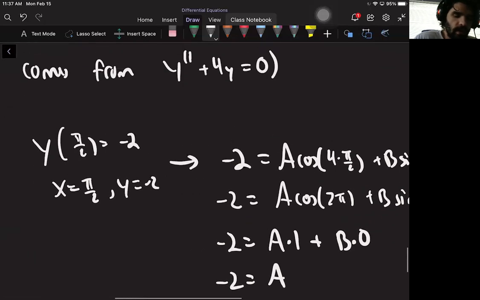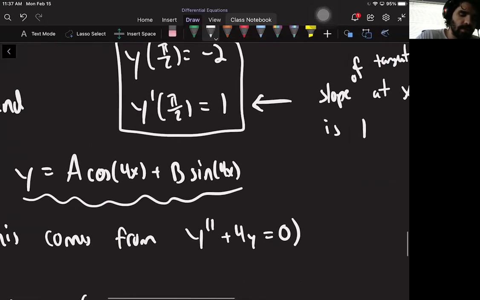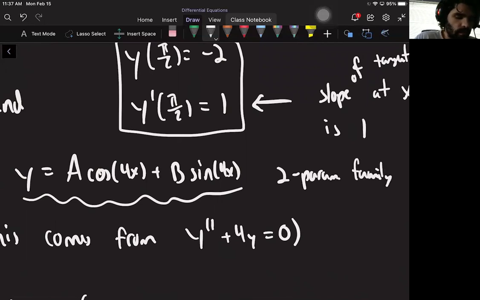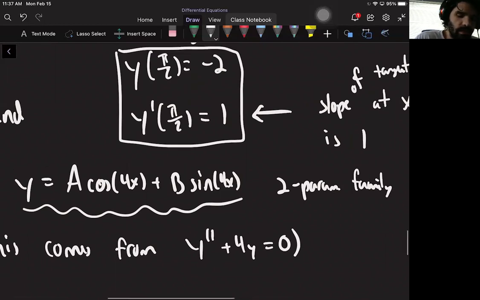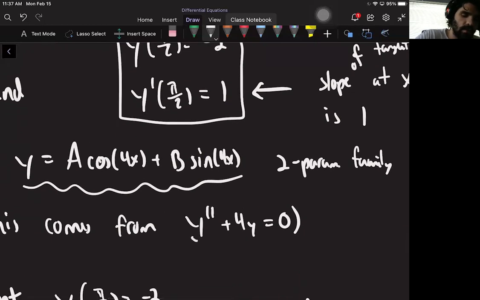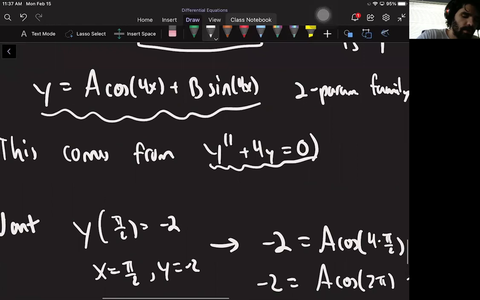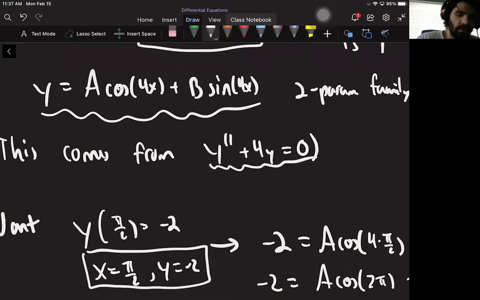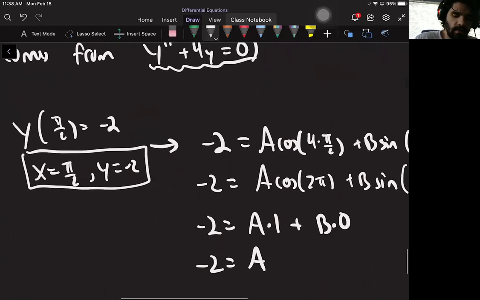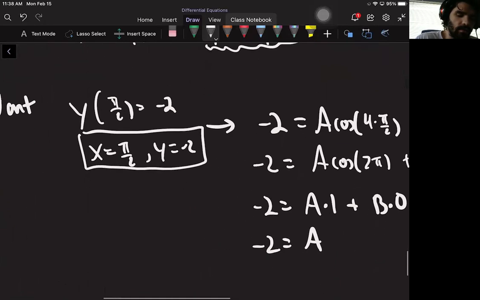So this is saying that if this is a 2-parameter family of solutions, that means that I can change a and b to whatever I want, and it'll still solve the differential equation. But if I really want my solution to go through (pi over 2, -2), then I have to change a to -2 specifically.